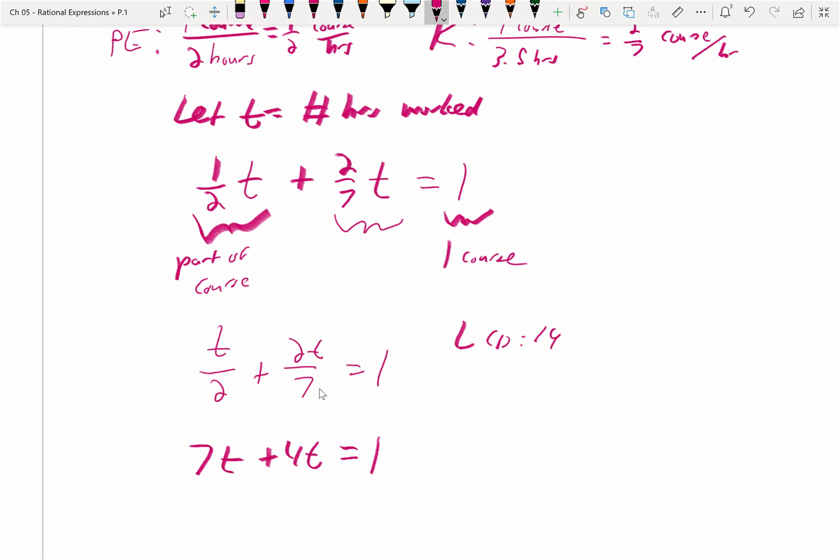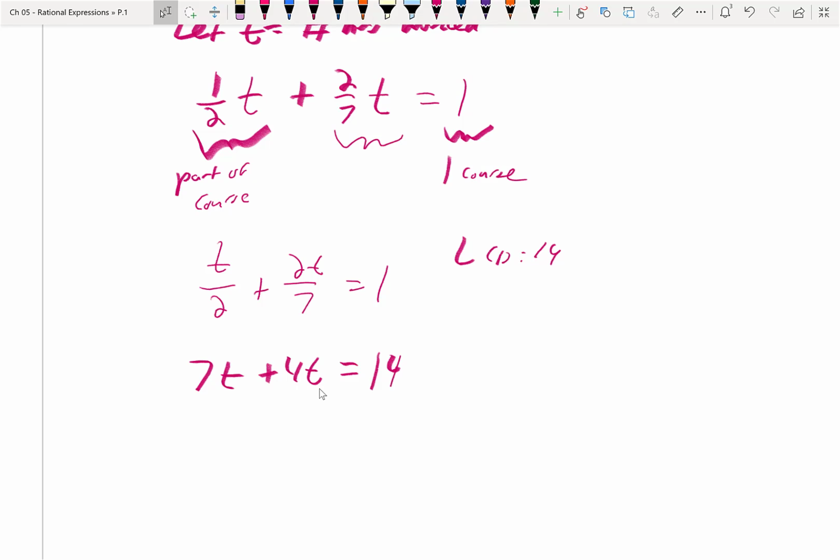There's a thing that happens when 1 is on the right side of the equal sign that somehow makes a subtle part of your brain forget to multiply by the LCD. You may have noticed this in your work from time to time. It should be 14. Okay. Now we get 11t is equal to 14, and t is equal to 14/11, which is 1 and 3/11.